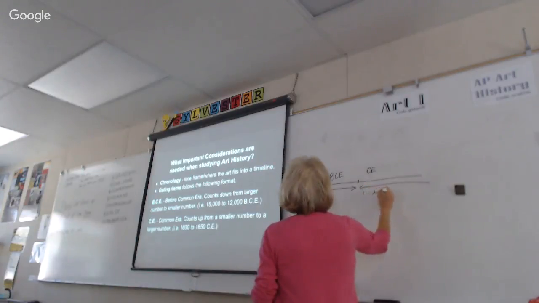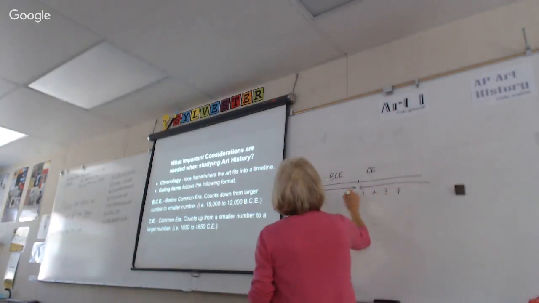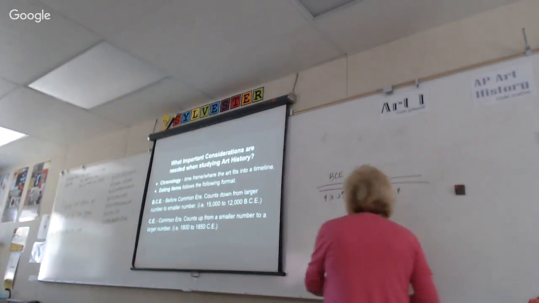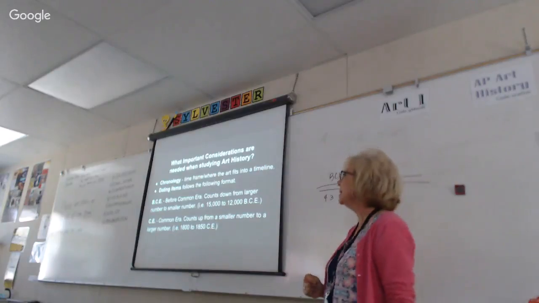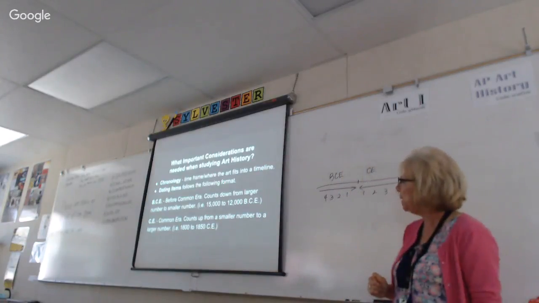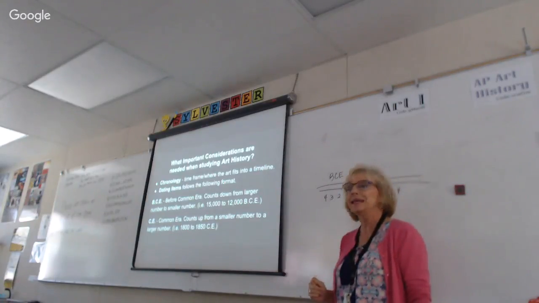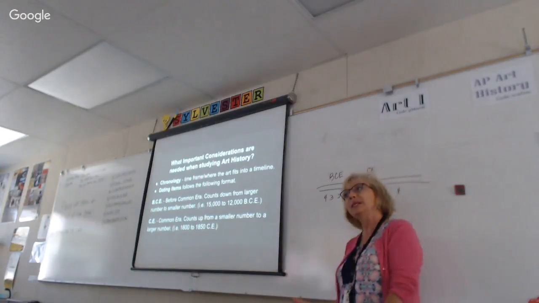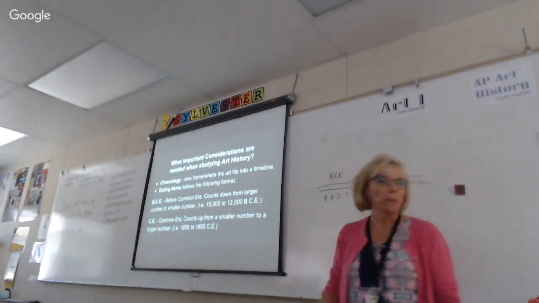So, 1, 2, 3, 4. It's important to understand that, because when we start talking about classical Greece, it is 400 BCE. So make sure you understand the difference between BCE and CE.